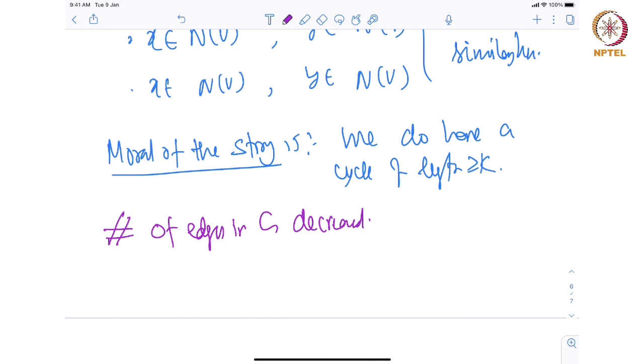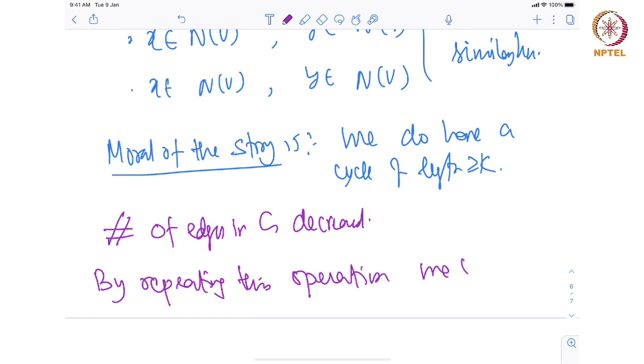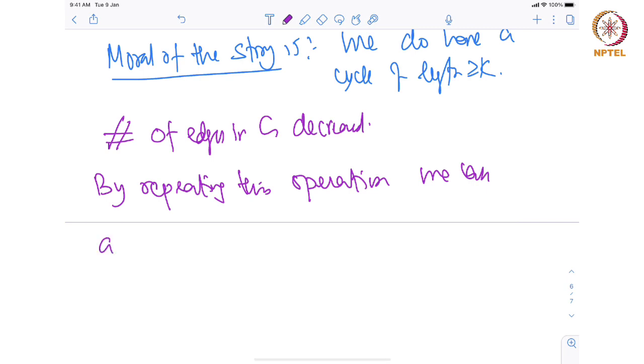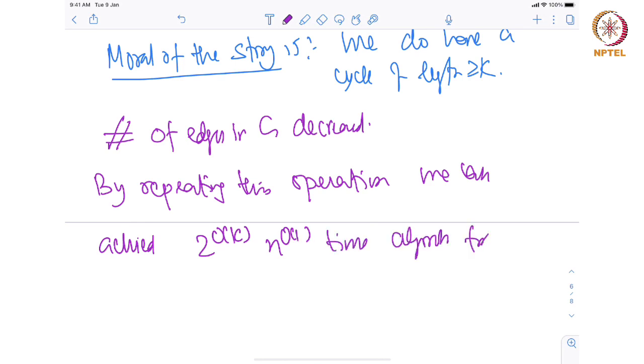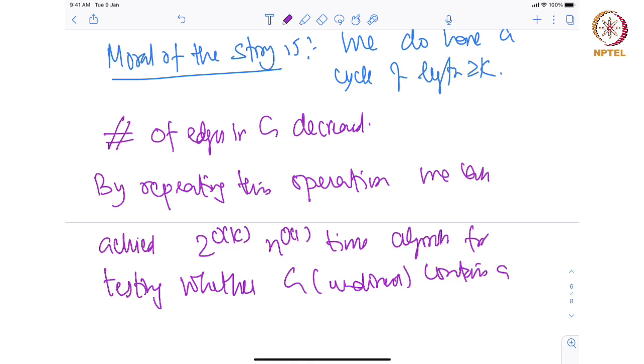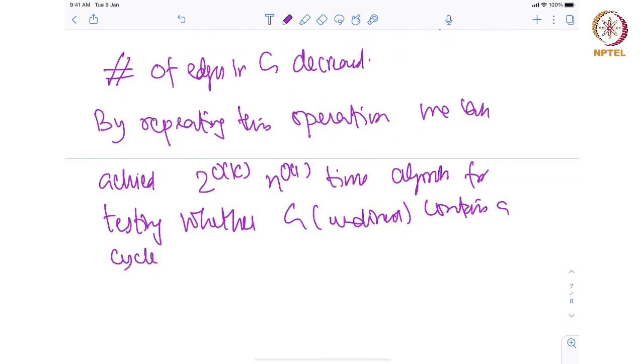So, by repeating this operation, we can achieve a 2 to the power big O of k times n to the power big O of 1 time algorithm for testing whether G undirected contains a cycle of length at least k or not.